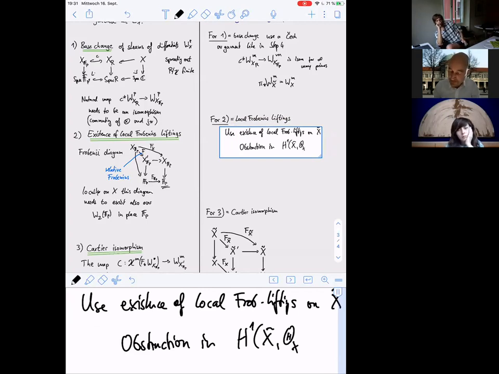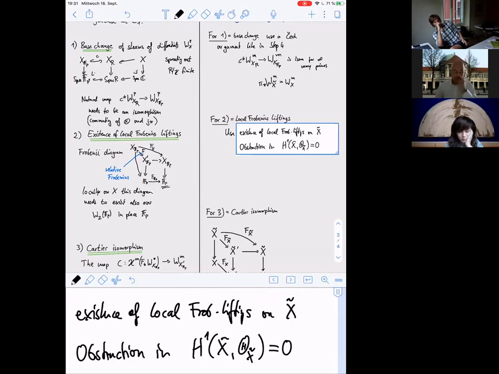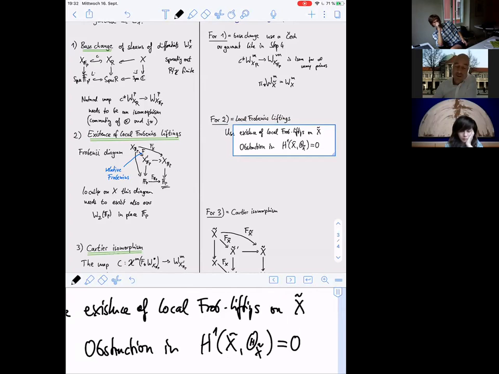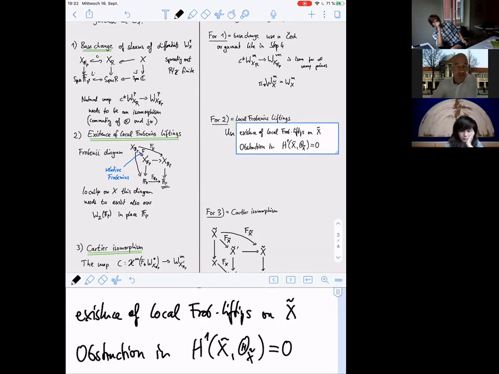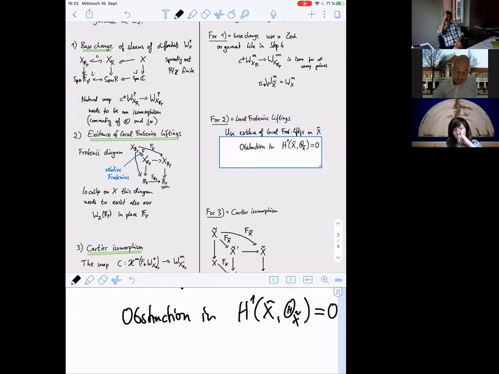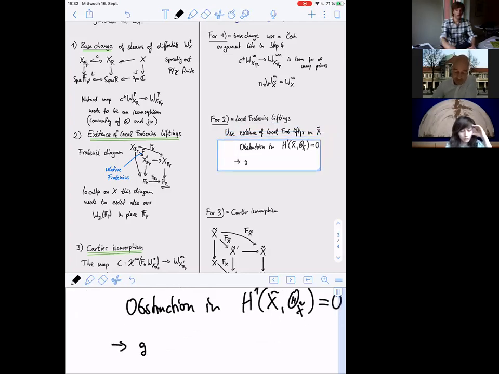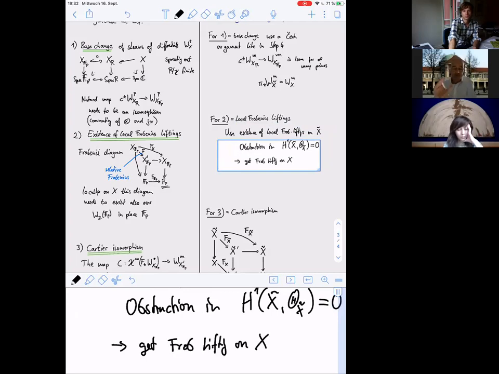And we know that's 0, so we have no obstructions in gluing the local Frobenius liftings on X tilde, and therefore we have a global Frobenius lifting on X tilde. Then we can take global sections, and that pushes it down to get a Frobenius lifting on X. Okay, so that point's done.